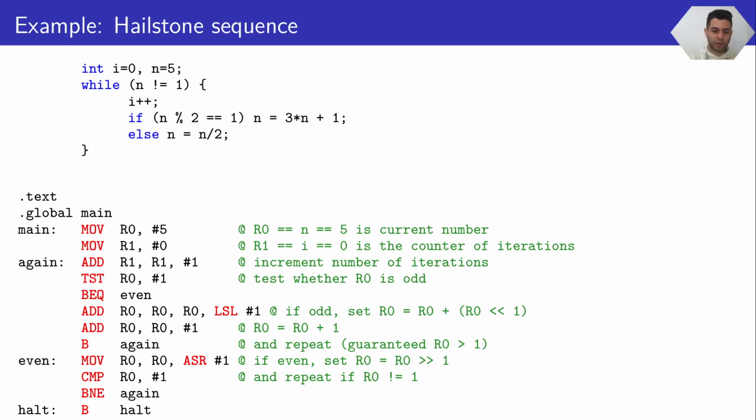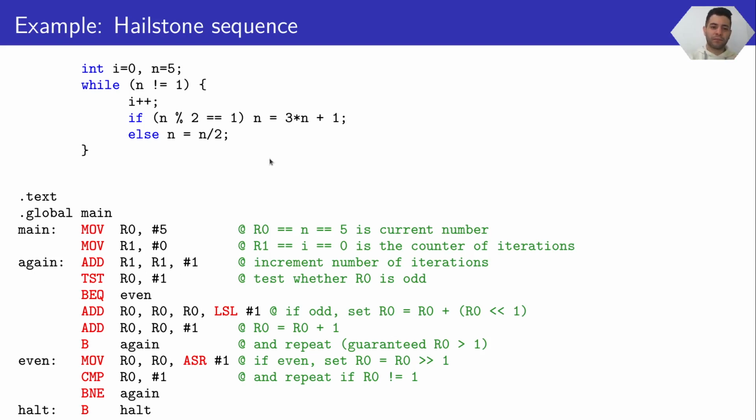Then we are adding R0, so it is R0 plus 2R0, that stands for 3 R0, basically 3n. And then we are adding 1. So we are using those instructions to perform this operation. Then we branch to the again label, and so on and so forth.